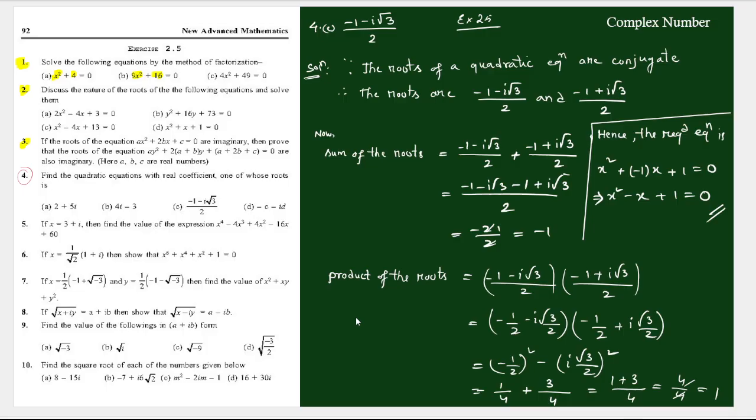That means we have to, in place of x, put this value. x4 minus 4x cube, ठीक है, minus 16x plus 60.